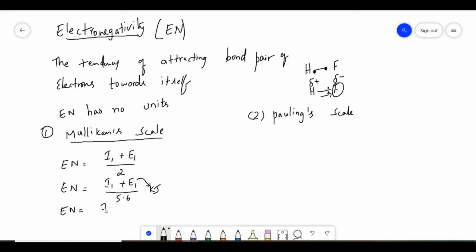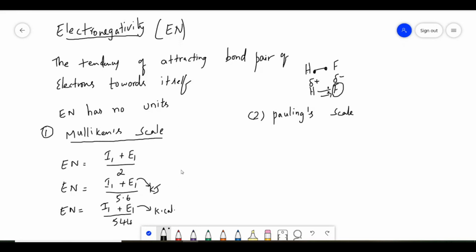The same one, ionization energy plus electron affinity by 544, where the units are given as kilocalories. So in the question, if kilocalories is given for ionization energy and electron affinity, you have to use this formula.